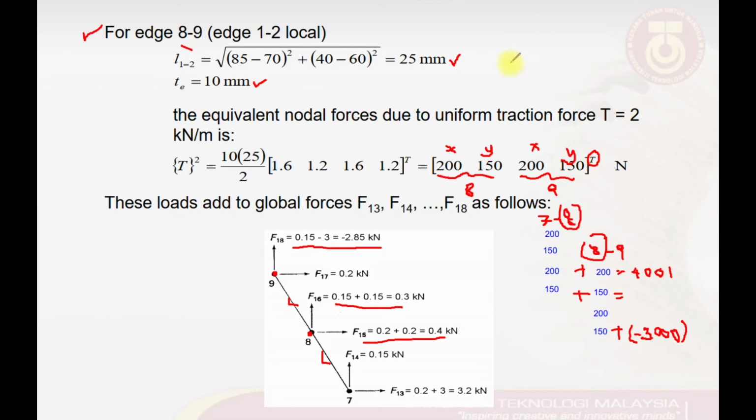At this stage we are ready to rewrite our system of linear equations and solve it simultaneously using any system of linear equations solver for the unknown displacement at each nodal point Q.